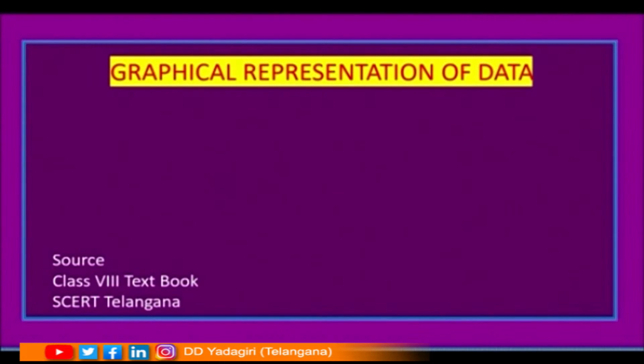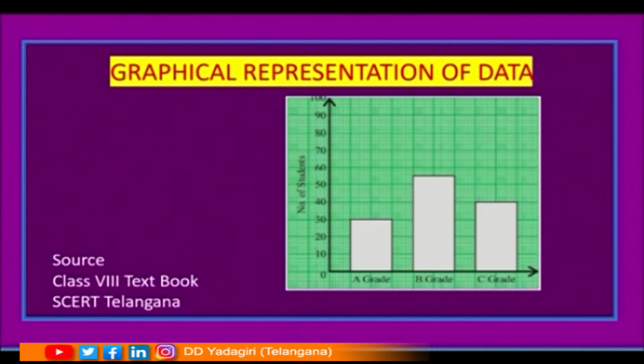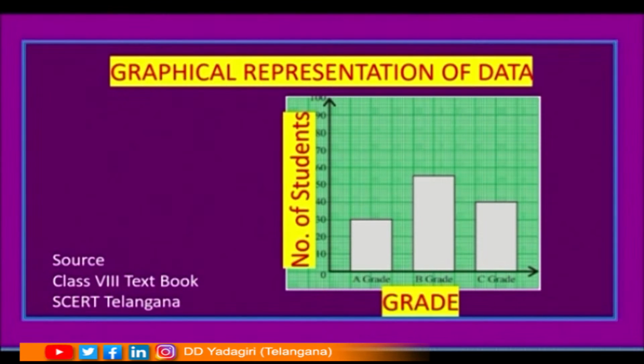In your previous classes, you have learned about the representation of the data in graphical form. So here you have got a graph with blocks. You observe that you got three grades, grade A, grade B and grade C, and the number of students is given on the y-axis.